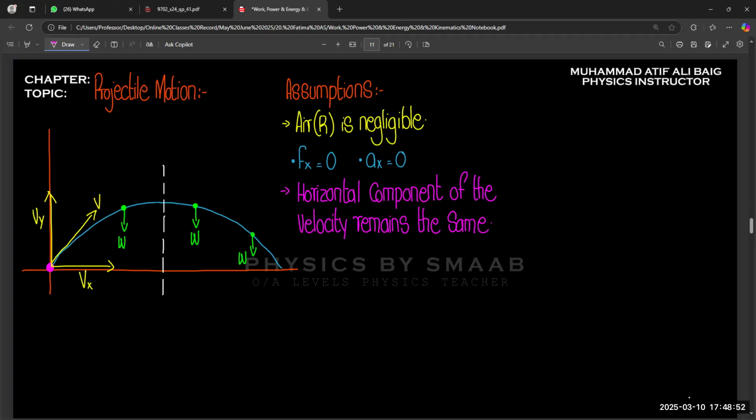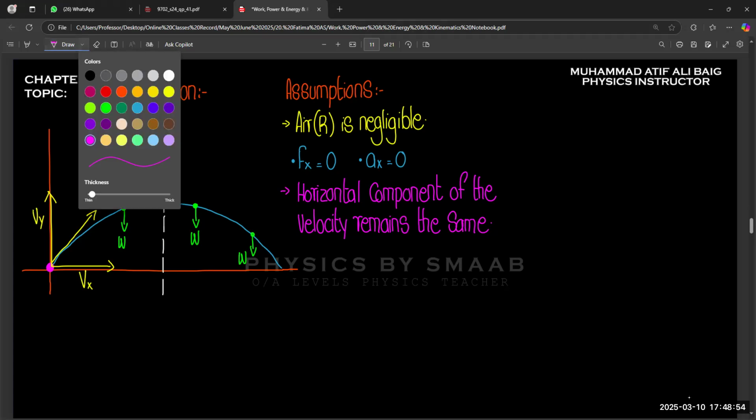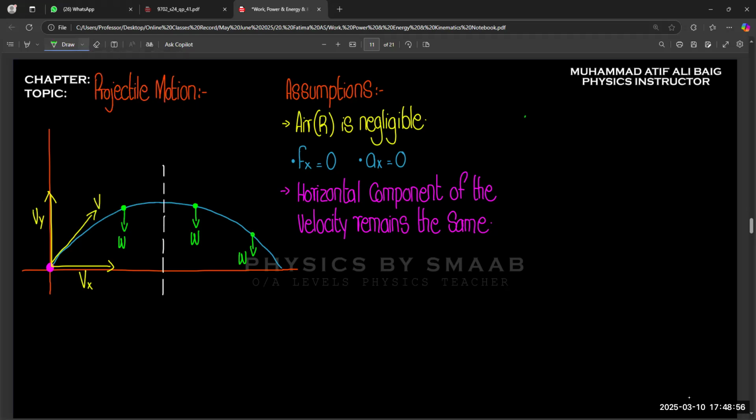One more point that we mentioned: there is only one force acting on the body in projectile motion.